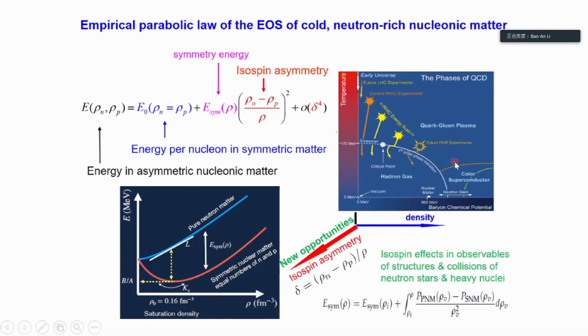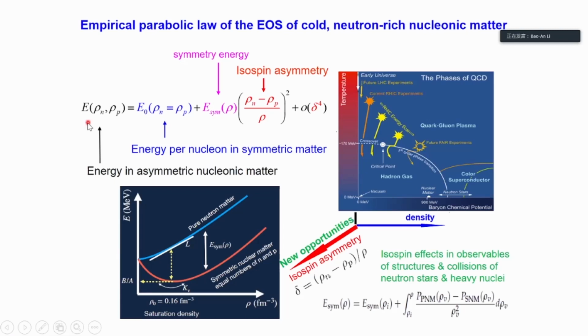Now, with observations of neutron stars or reactions with radioactive beams, we have the opportunities to study how everything on this plane may evolve as a function of isospin asymmetry. So we now have some great opportunities to study some new questions along the direction of isospin asymmetry.